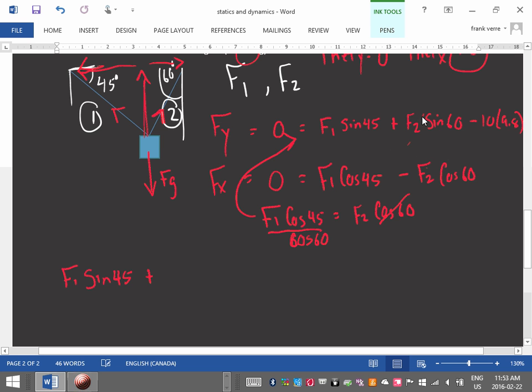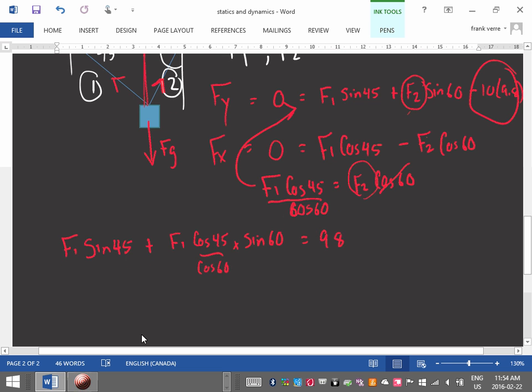So I can substitute F2: F1 cosine 45 over cosine 60 times sine 60, and that has to equal the weight, or 98 newtons.